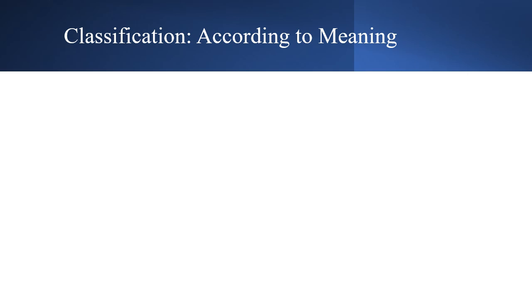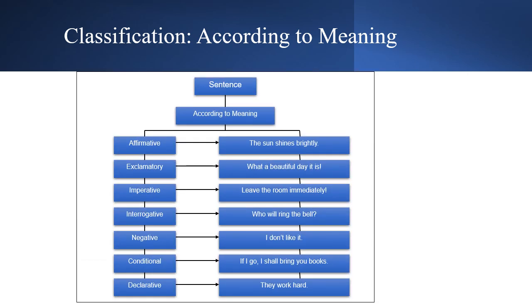So let's look at the sentence from its meaning. Classification according to the meaning of a sentence. So here is a picture of, or what you call it, a chart or diagram. Here we look at the sentence, and then we have, according to meaning, different categories of this sentence.